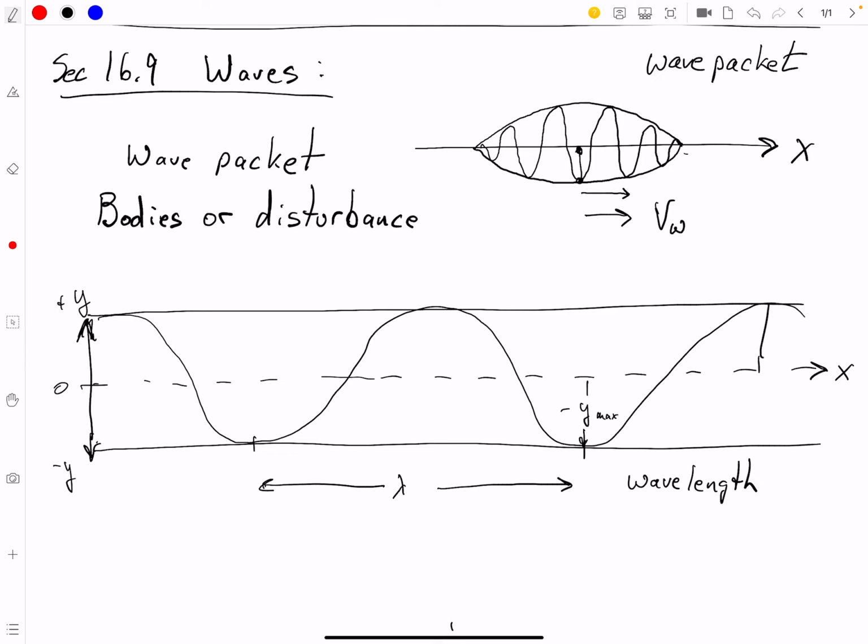This is plus y max. And this distance from there to there, of course, is 2y max. Very nice.